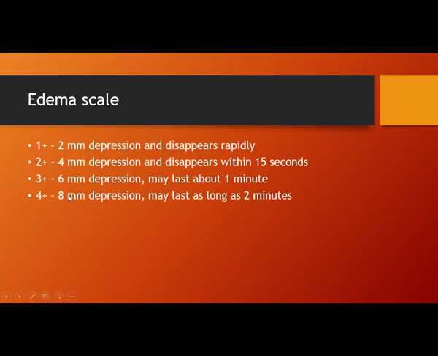You may have edema where the depression comes back right away, and then that would not be pitting, but it's still edema. Or you may have pitting edema, and these are approximate amounts of time that it would stay depressed.